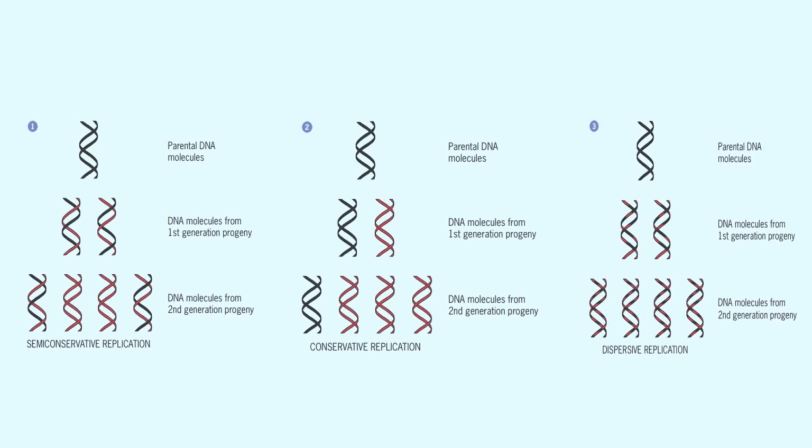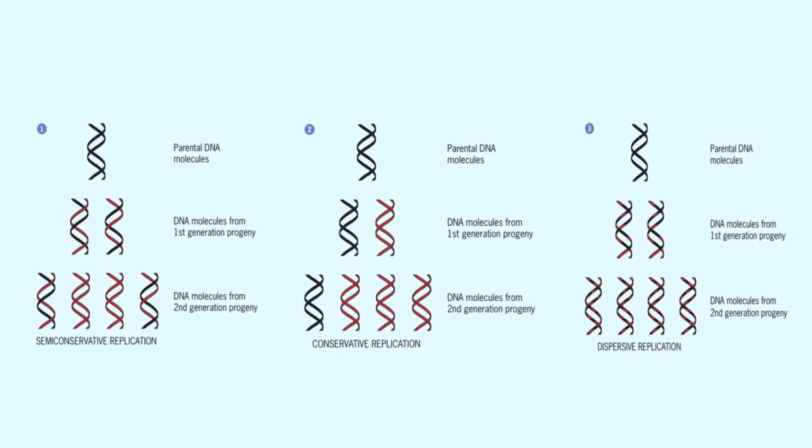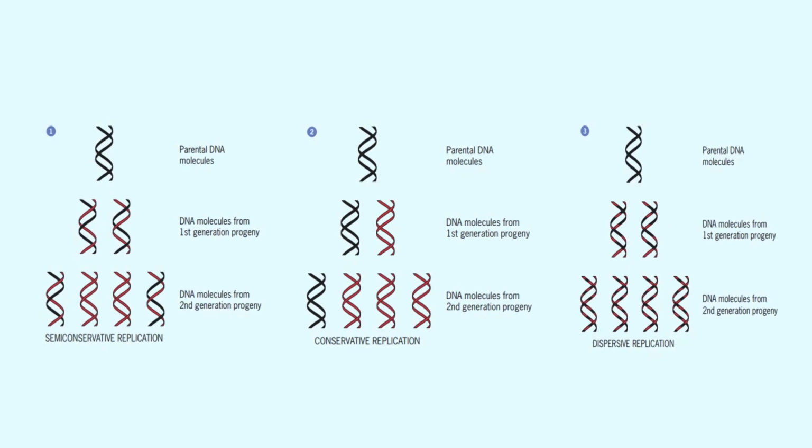You can see in the next slide that according to the proposal, each daughter duplex should consist of one complete strand inherited from the parental duplex and one complete strand that has been newly synthesized. Replication of this type is said to be the semi-conservative mode of replication because each daughter duplex contains one strand from the parent structure and one is new.